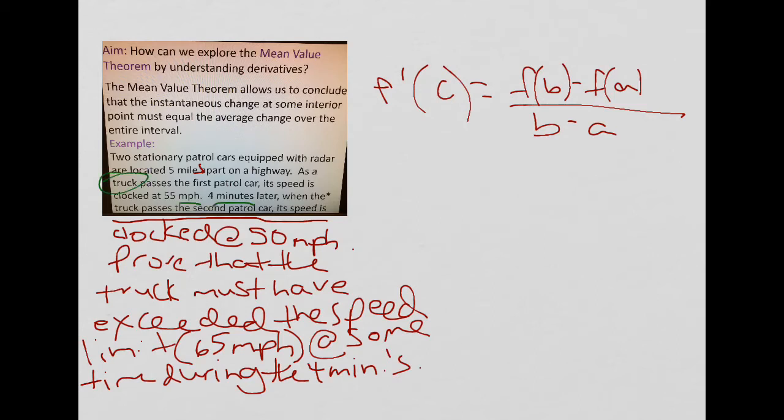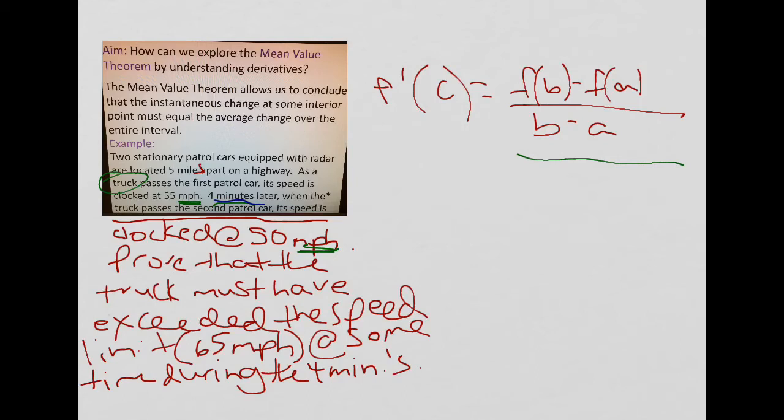Okay, so what we need to do here is plug this information into this fraction here. So we're going 55 or 50 miles per hour, but we're talking about 4 minutes later that there was a change in speed.